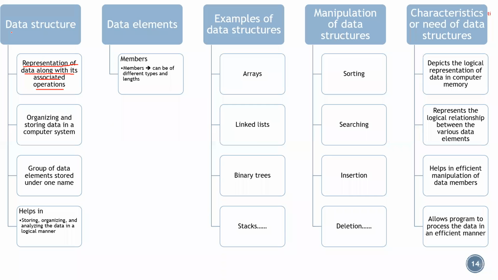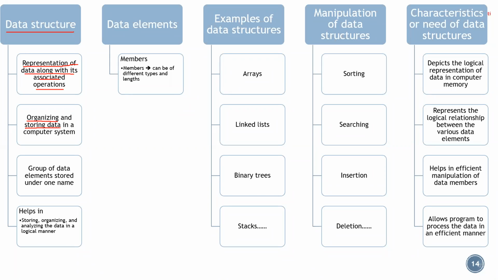So in a data structure, we can have the combination of different data types together, and because of which we can specify it as a user defined data type. You can have the representation of the data along with its operations. Using these data structures, we can organize the data and store the data.